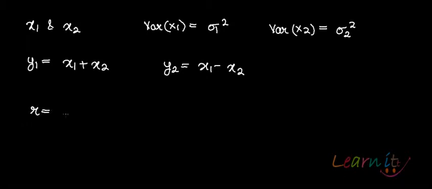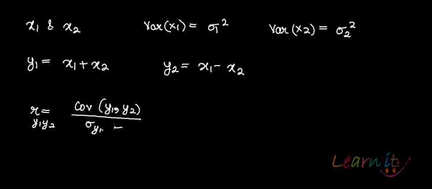So, the correlation coefficient between y1 and y2 should be covariance of y1, y2 upon standard deviation of y1 into standard deviation of y2.